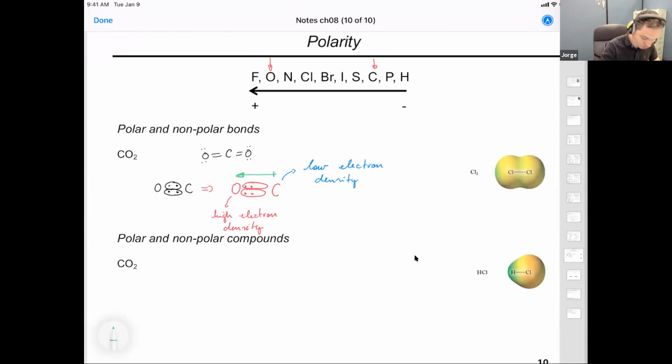And I'm going to draw a trace here. So this vector indicates that the electrons are flowing from the carbon towards the oxygen. And that is a result of the different electronegativity of oxygen compared to the carbon.